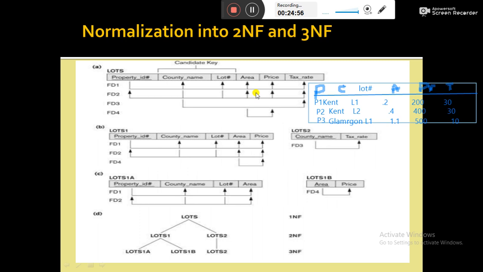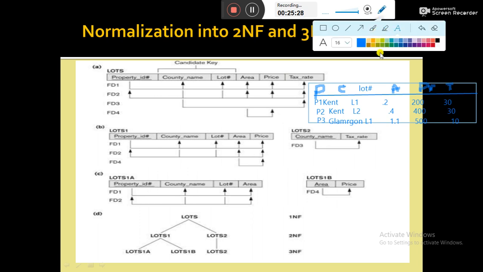First, we have to find the non-prime attributes. Again, a non-prime attribute is an attribute that is not a part of the primary key. Area is not a part of county name, lot number, or property ID, so area is a non-prime attribute. Price is a non-prime attribute because price is neither a part of county name, lot number, nor property ID. And tax rate is also a non-prime attribute.